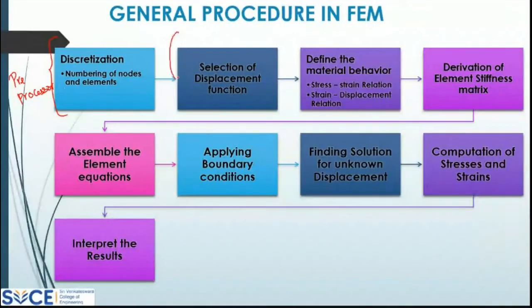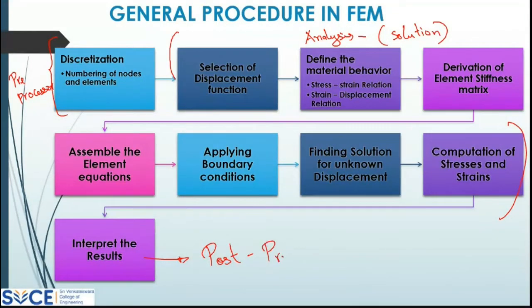Then from here to here: selection of displacement function, your material property, stiffness matrix, boundary condition, identifying the solution, everything comes under analysis. In ANSYS, they call this solution. And the last one we call post-processing, so interpreting your results, that one we call post-processing.